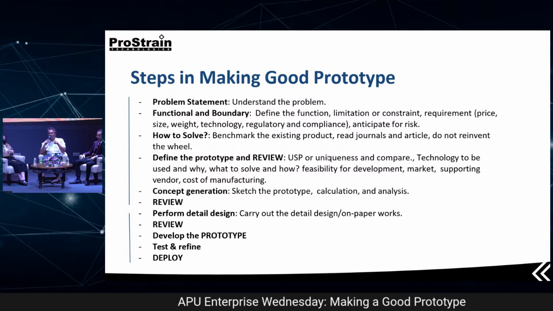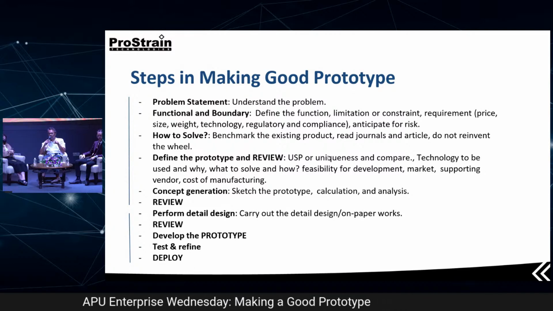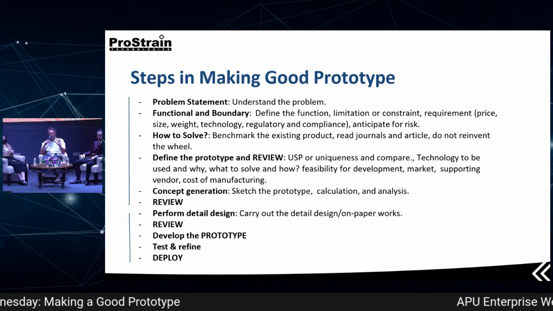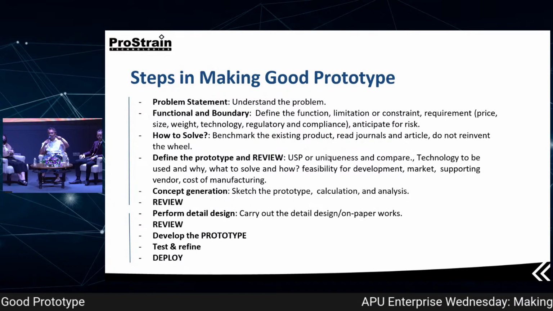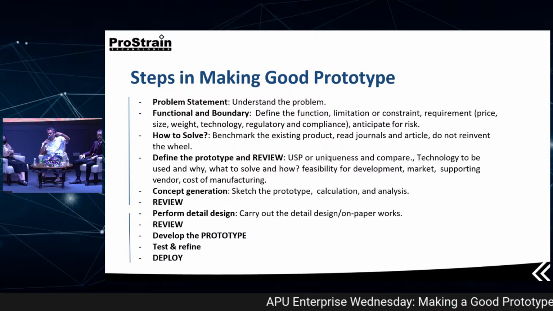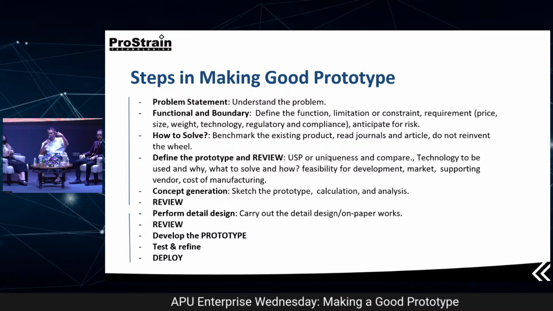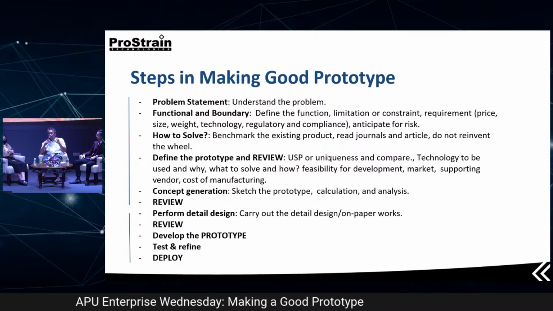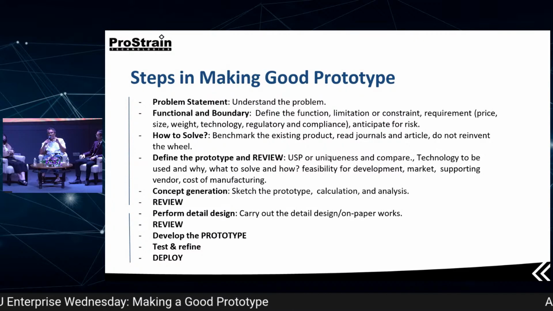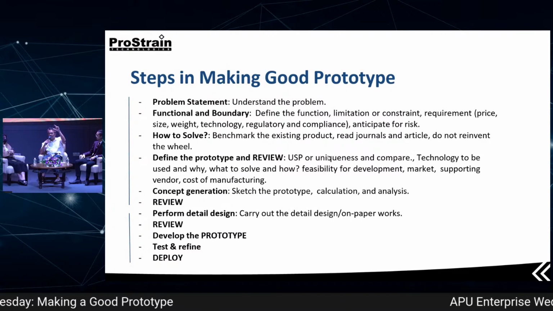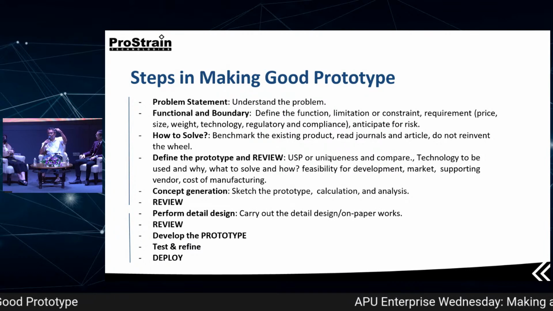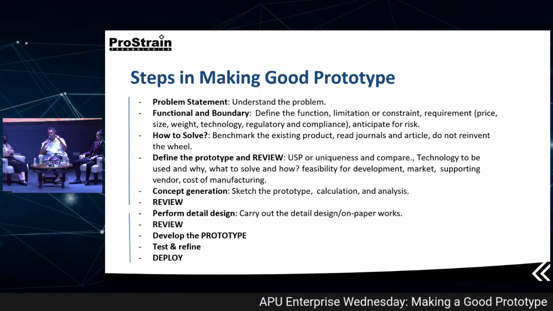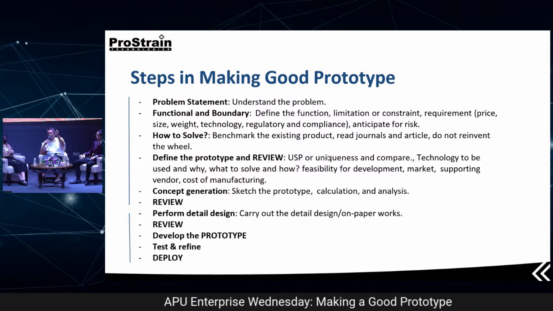And then you can see I put bold and also caps for review. Okay, this is important. Whenever you come to this stage, you have to review all the documentation that you already did, all the steps. Because if there are any problems in the first few steps, you review, then you redo again.